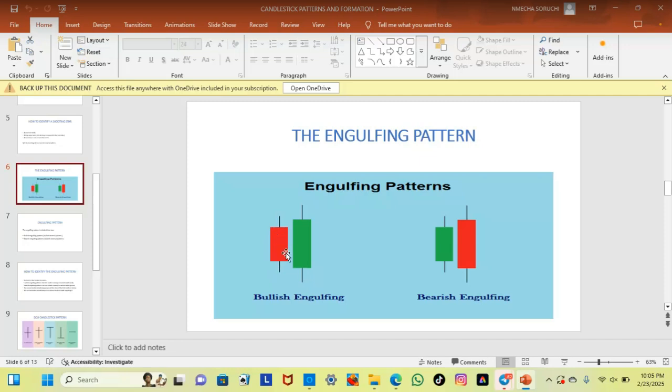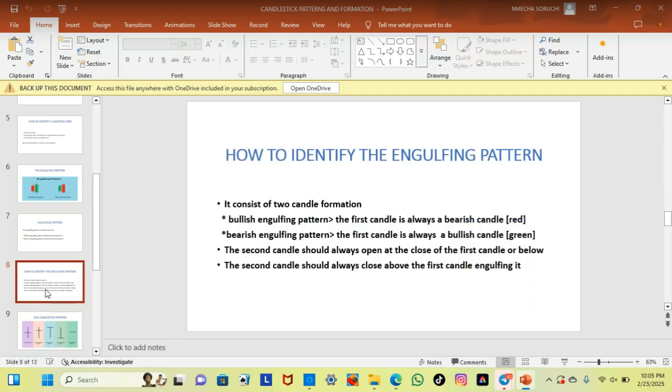So for the bullish engulfing pattern, the first candle you will see is a red candle, while for the bearish engulfing pattern, the first candle you will see is a green candle.